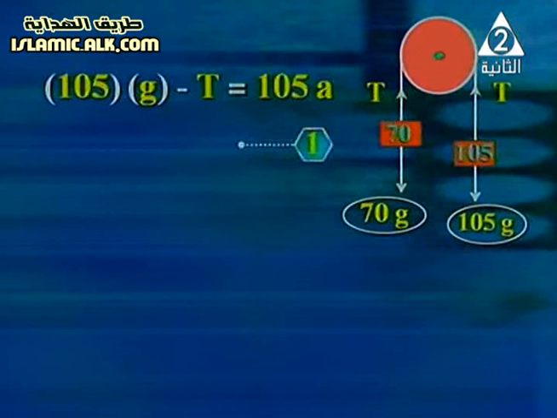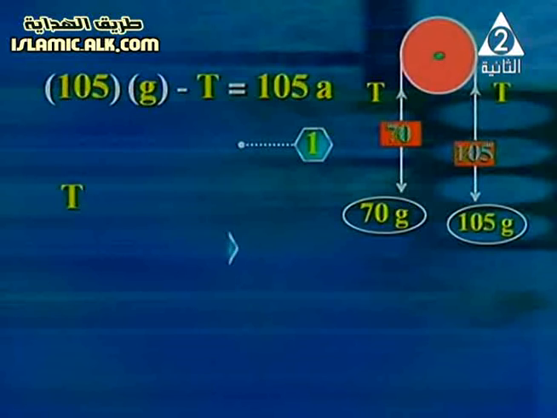Look at the first equation: 105g minus T equals 105a. This is the first equation of the first body. We know that the equation of motion is ma equals mg minus T. In the first body, its weight is 105, then 105g minus T equals 105a.